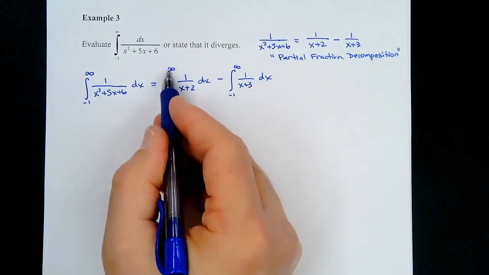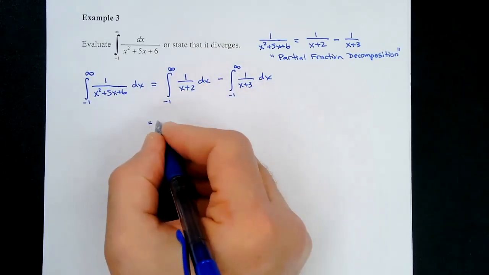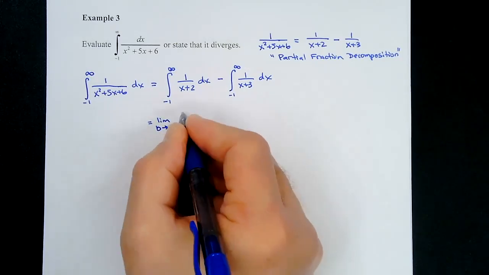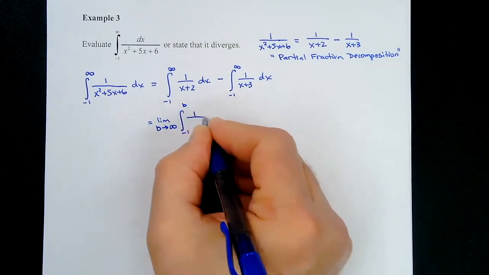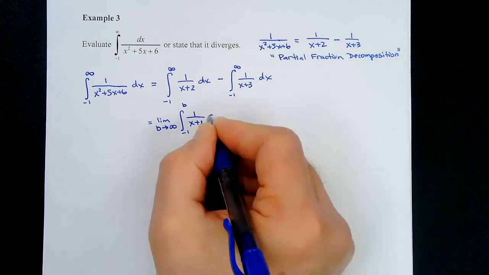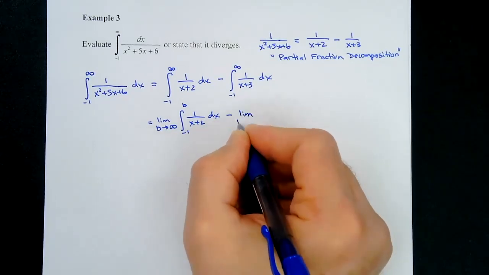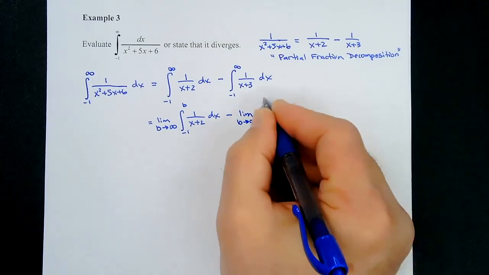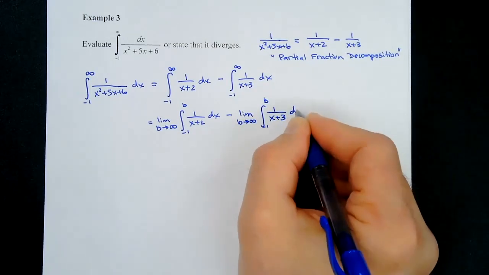Since this is going to infinity, we call this b and this b, and we find the limit as b goes to infinity of the integral from -1 to b of 1 over x plus 2 dx, minus the limit as b approaches infinity of the integral from -1 to b of 1 over x plus 3 dx.